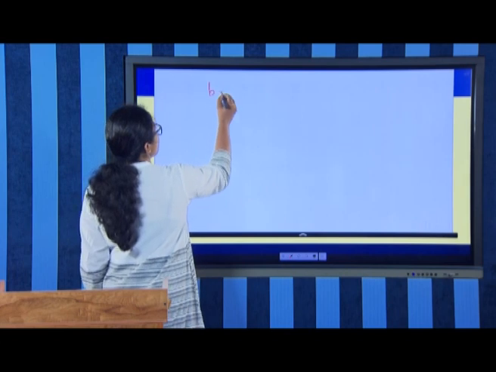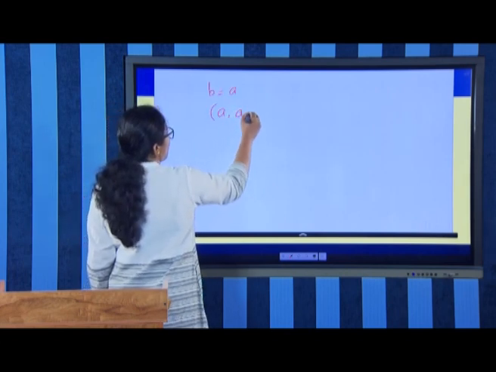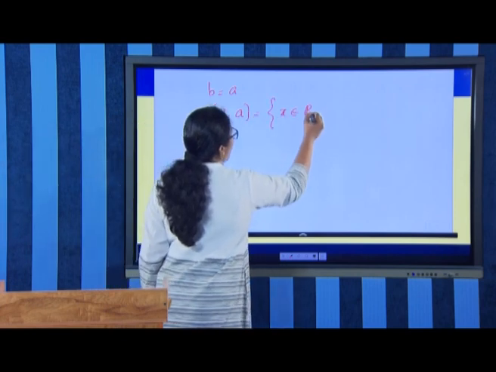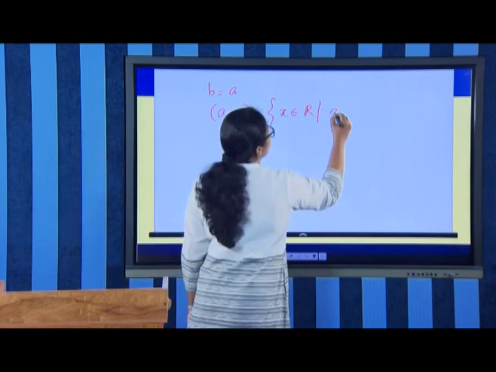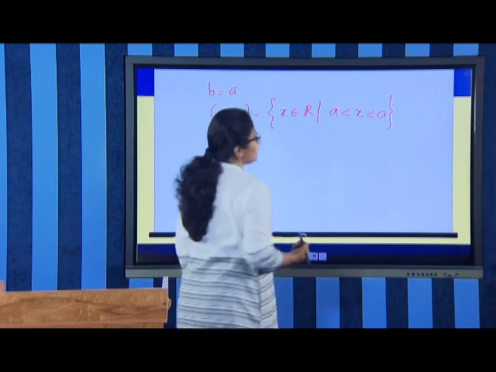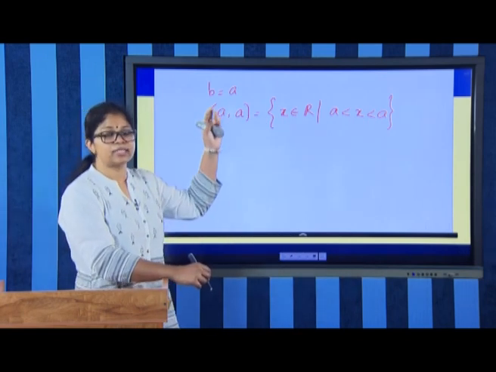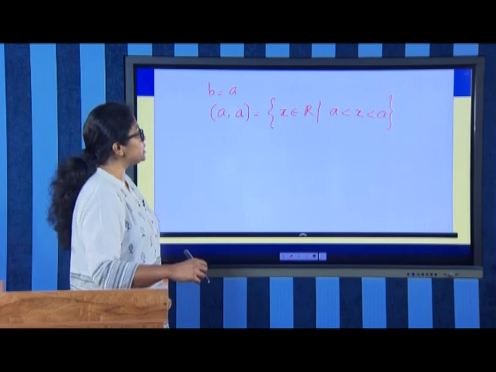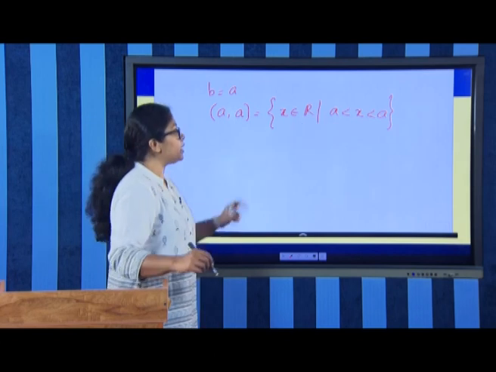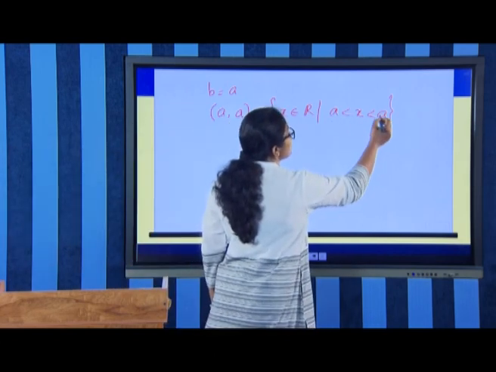So, how does this happen? It is because of the definition of the open interval. Supposing b is equal to a, we have the open interval (a, a) equal to the set of all x belonging to R for which a is less than x less than a. And we have studied the order properties and have been seeing for a couple of sessions that none of the real numbers can satisfy this relation, a less than x less than a.